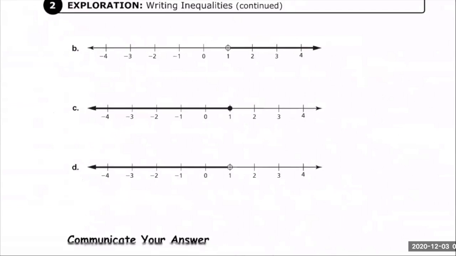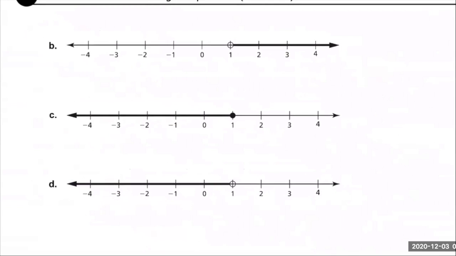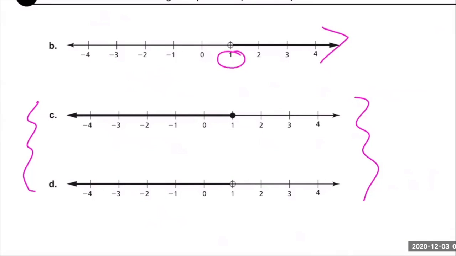So now I'm going to do B with you, and then I want you guys to pause and try C and D on your own. So on B, you can see almost the same thing that we had the last time. Our line's going this way, we're at 1, but now all of a sudden we have an open circle. So that means that solution is not included.